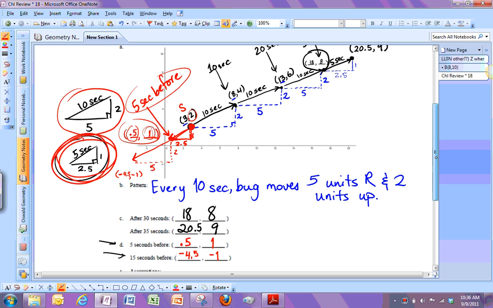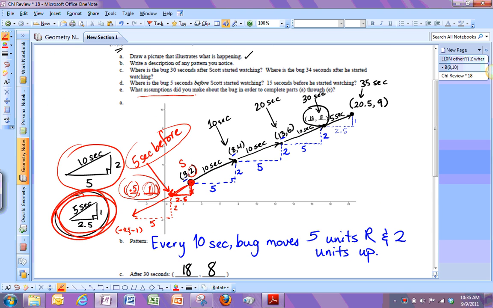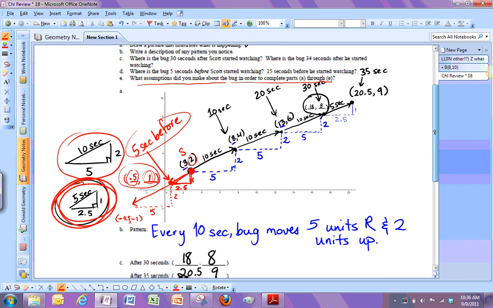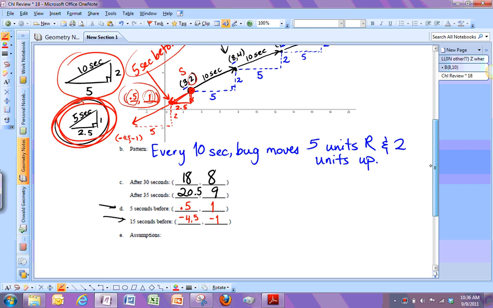Okay? Now, the assumptions. So what assumptions did you make in order to complete these parts? All right. Well, hopefully you realize most bugs aren't going to walk straight like this, right? Straight along that path. And they're probably not going to keep walking at the same rate the entire time, but that's what we have to decide on in order to actually solve this problem.